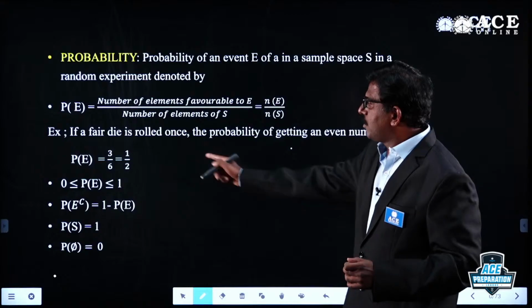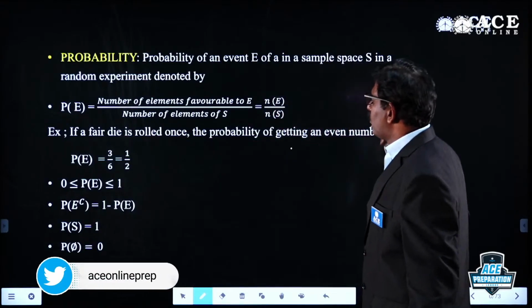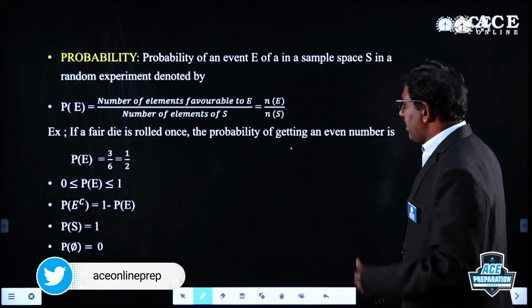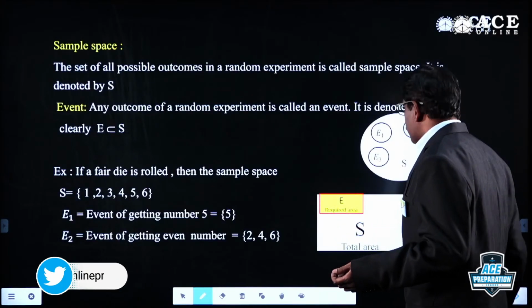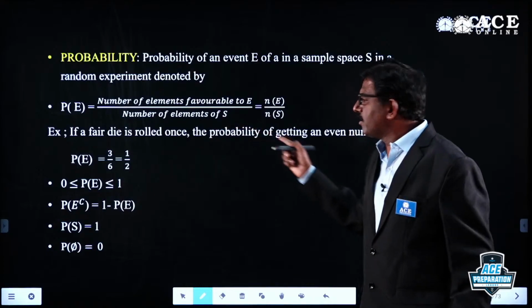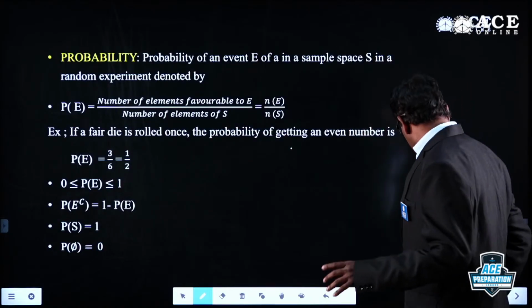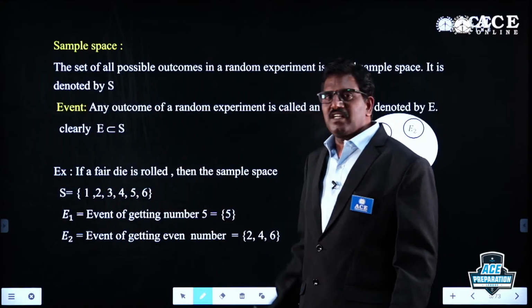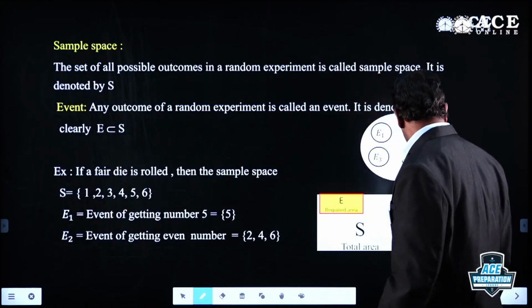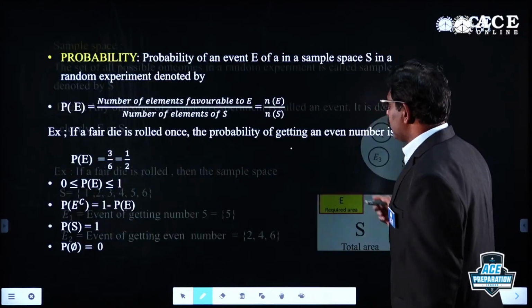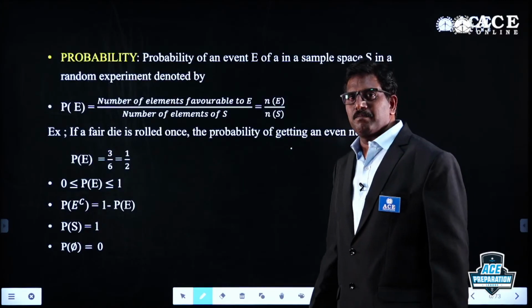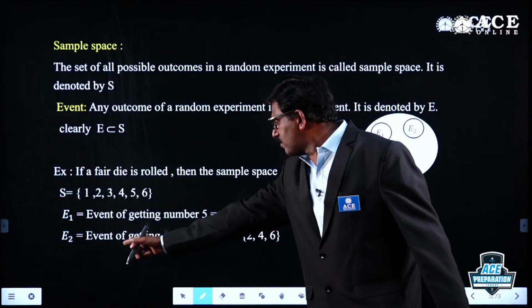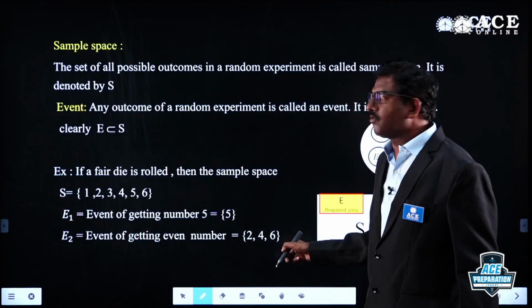For example, if a fair die is rolled once, what is the probability of getting an even number? Fair die rolled once means immediately the sample space contains 6 elements. Our question is the chance of getting an even number. How many favorable cases are there? 2, 4, 6.